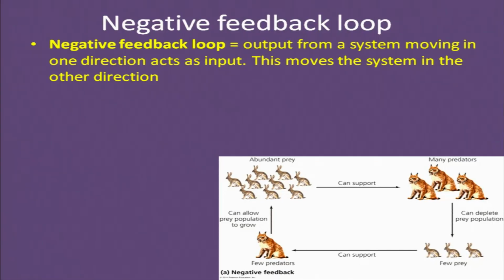Many predators can deplete the prey population and very few prey are left, and now few prey can support few predators. So, the overall system has become negative. Initially it looks like positive, but the overall final feedback is negative.